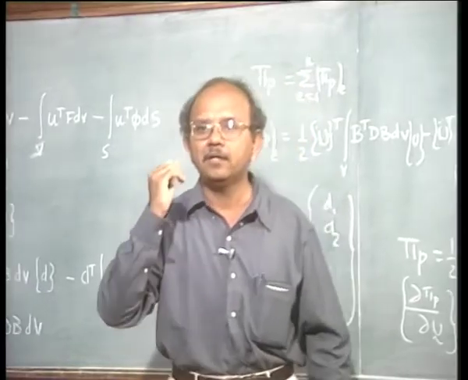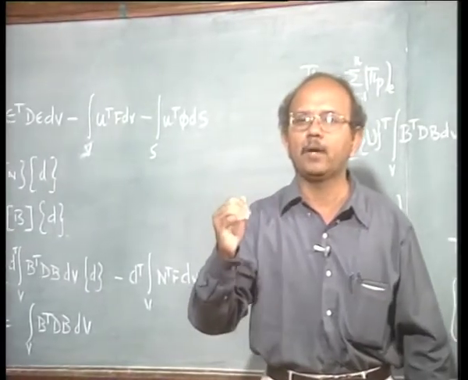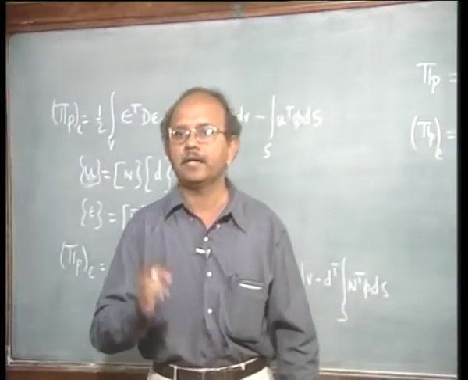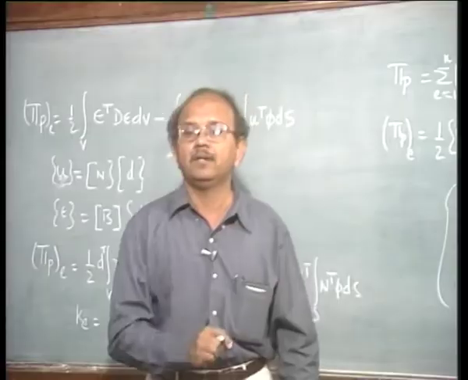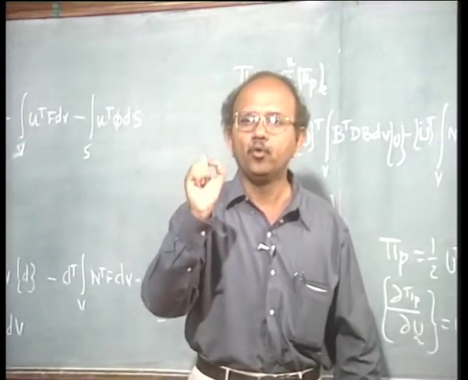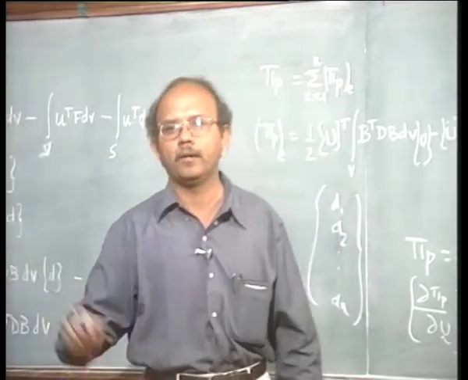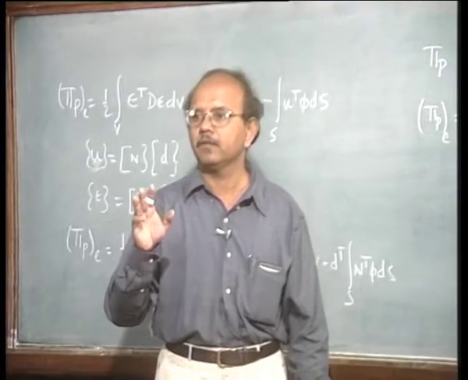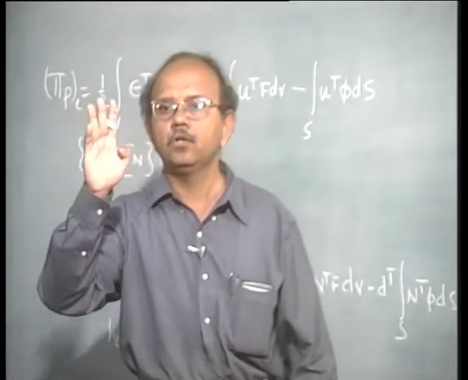Dou phi p by dou u1 into delta u1 plus dou phi p by dou u2 into del u2 and so on. Is that right? So each of these terms, dou phi p by dou u1 should be equal to 0, dou phi p by dou u2 should be equal to 0 and so on. Any questions? Is it clear now? So that is what we mean.